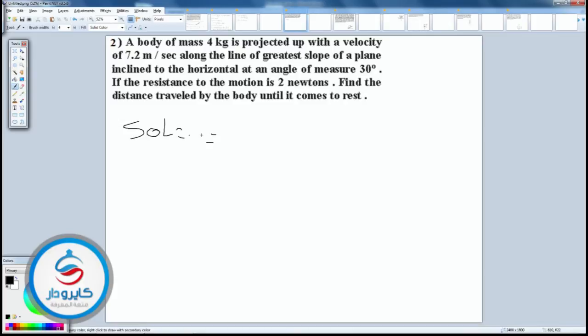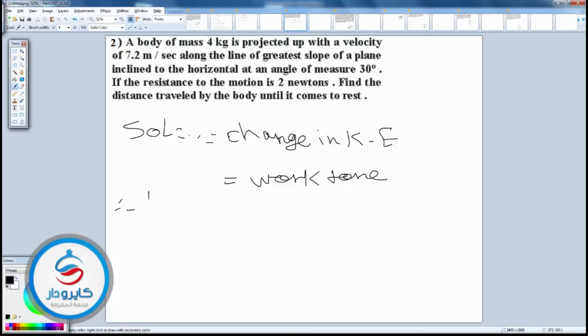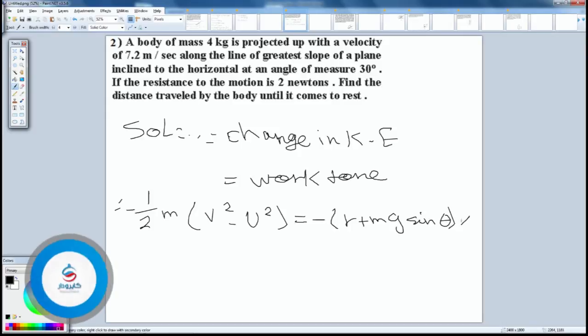Since a change in kinetic energy equals work done, therefore half m by v squared minus u squared equals negative r plus mg sine theta by s.